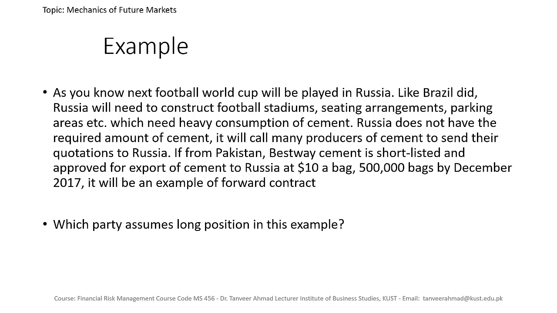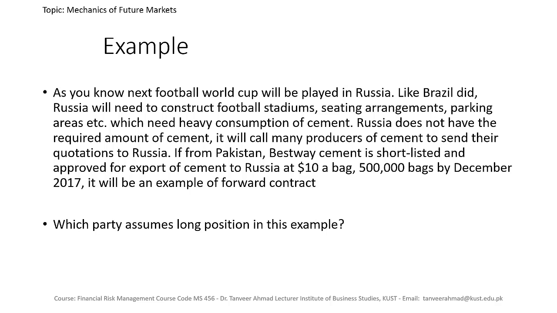Say, as you know, the next Football World Cup will be played in Russia. This is an old example, so let's go with it. Like Brazil did, Russia will need to construct football stadiums, seating arrangements, parking areas, etc., which need heavy consumption of cement. Russia does not have the required amount of cement.